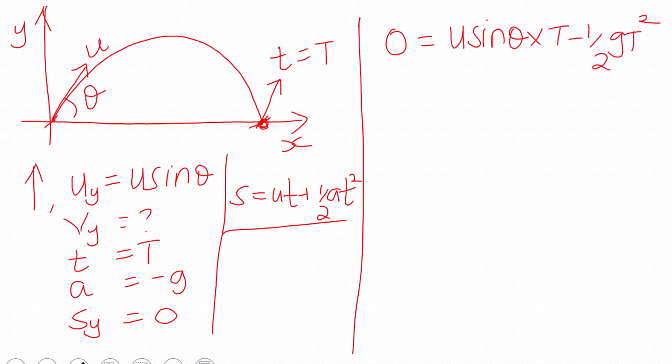So in this case, when you reach here, you can factorize t outside. You'll have t times u sine of theta minus a half g t.